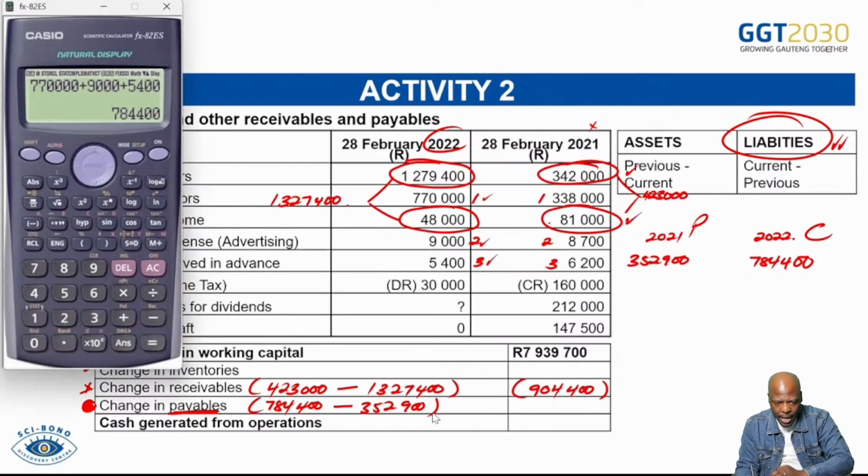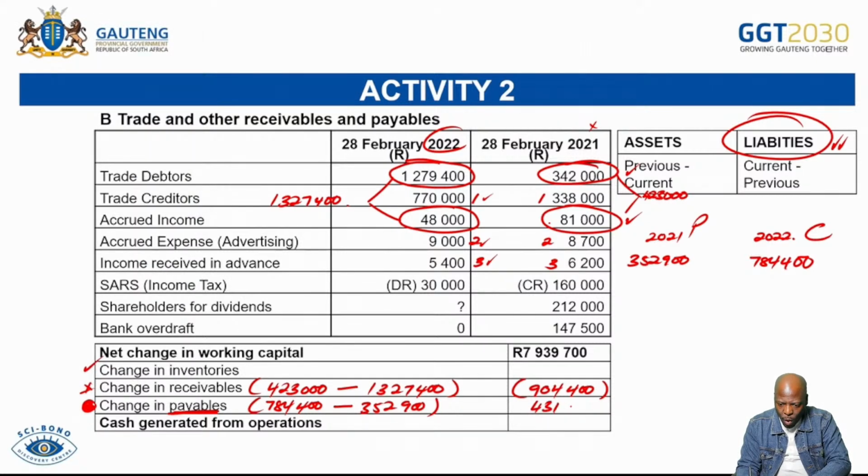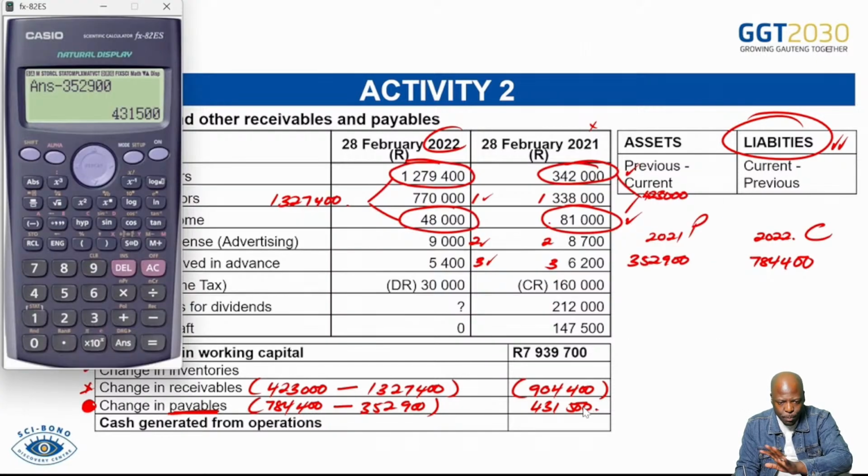So I'm going to come here and I'm going to say 784,400 minus 352,900. And then I get my 431,500. Here that becomes 431,500. I trust the calculator, so I don't even struggle with the sign. On my calculator, it was positive, so I'm going to keep it as positive.